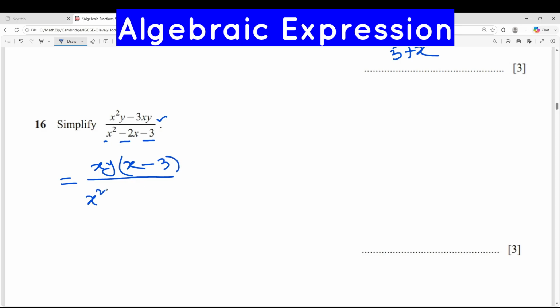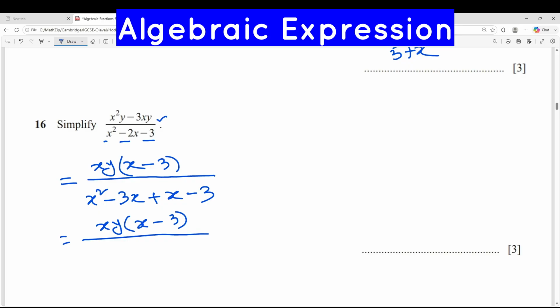So it will be x² − 3x + x − 3. Now from here xy times (x − 3) will be unchanged, and here we can take common x, so it will be x − 3, and plus 1 it will be again x − 3, right?